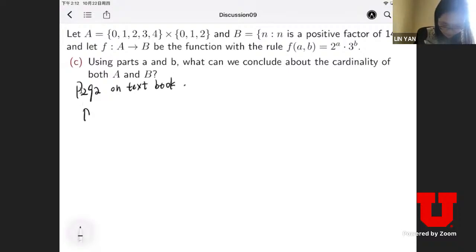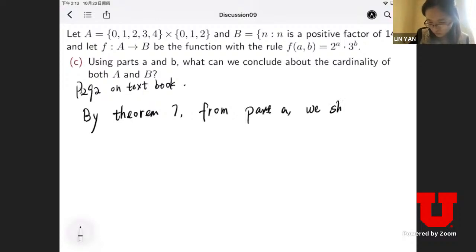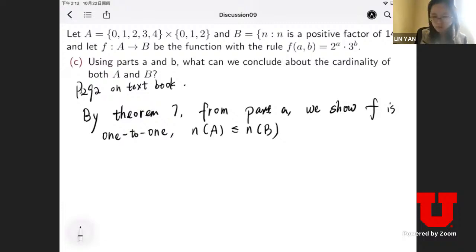So by theorem 7, from part A, we show the function is 1-to-1. So the cardinality of A is smaller or equal to the cardinality of B. You can get this conclusion directly from theorem 7.